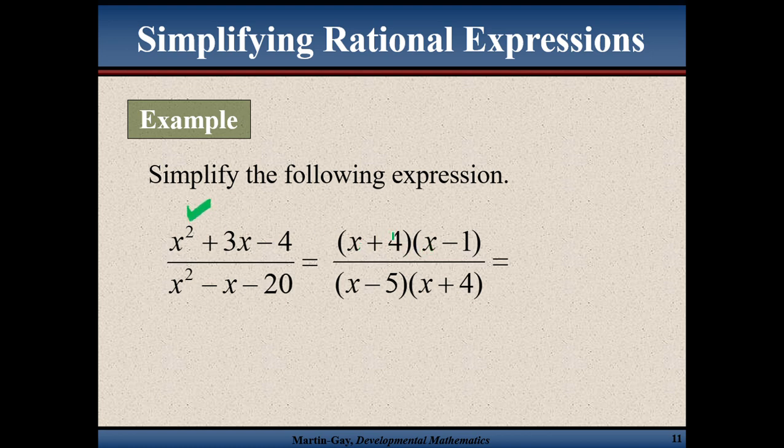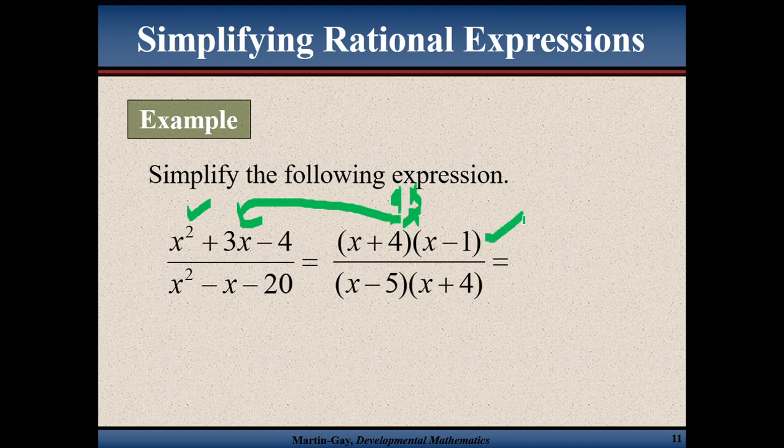Then x times negative x, and this one 4x. Pag inadd na dyan, magiging 3x. Remember, multiply mo dito, yung inner tsaka outer. So this one is 4 times negative 4.